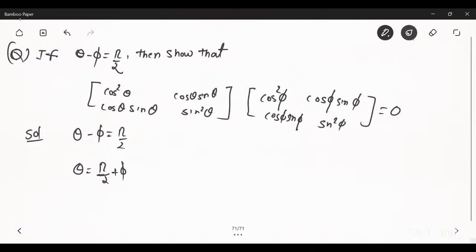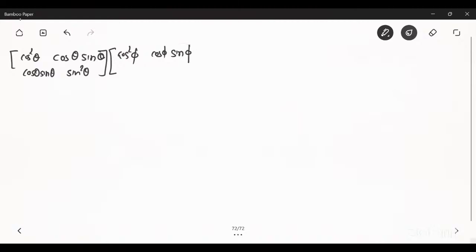On applying this, firstly I am taking the LHS: [cos square theta, cos theta sin theta; cos theta sin theta, sin square theta] into [cos square phi, cos phi sin phi; cos phi sin phi, sin square phi].